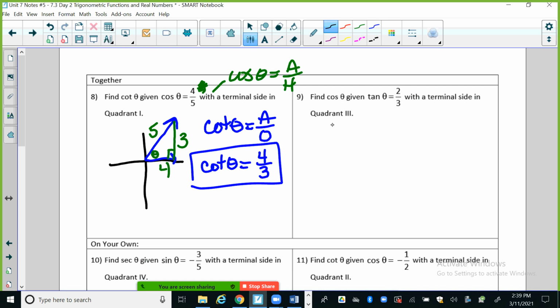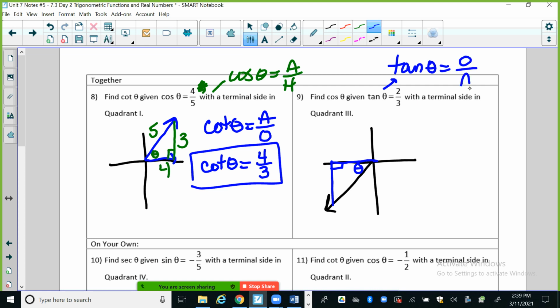Number 9, find cosine theta given tangent of theta is 2/3 and the terminal side is in quadrant 3. So our terminal side is in quadrant 3. Using our reference angle, we draw our triangle. So tangent of theta, remember, is opposite over adjacent.